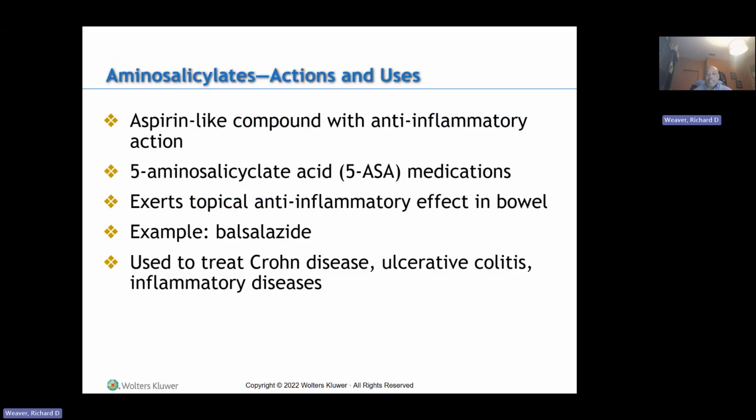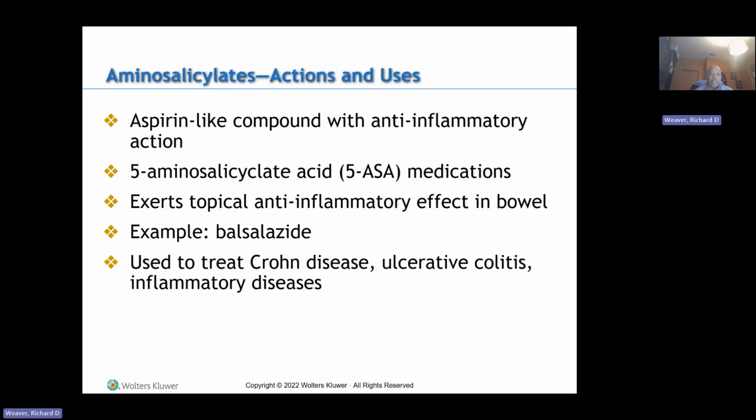All right. Now, the exact mechanism of action of these drugs is not known. The aminosalicylates are used to treat Crohn's disease as well as ulcerative colitis, as well as other inflammatory diseases. And so remember, if you go back to your learning outcomes, it talks about the uses of these medications.